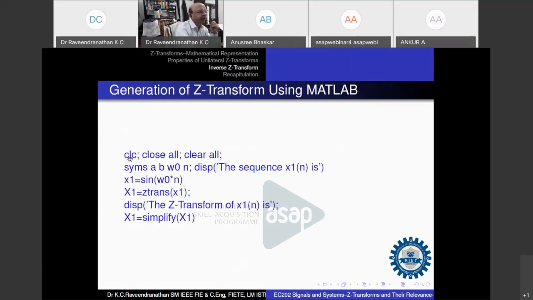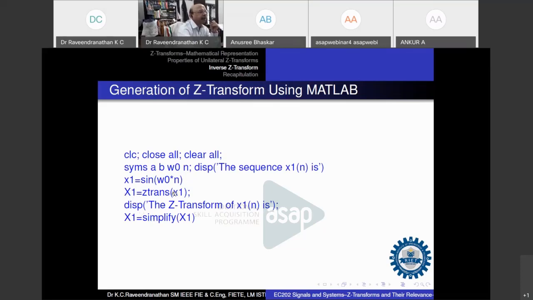First we clear the screen, close all, and clear all variables. Then we invoke the symbolic math toolbox, syms a, b, omega 0 as well as n. These are the 4 symbolic variables. And the first command is to display the sequence x of n, right? Then we can define the input sequence as x of n is equal to sine omega 0 n, right?